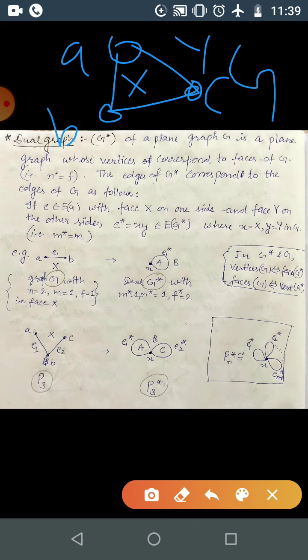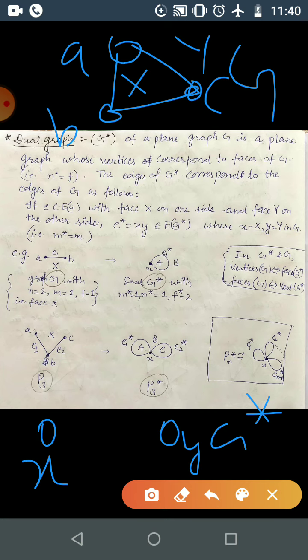So this was G. Now G star: the vertices of the dual will correspond to the faces of G. So here, small x is the vertex corresponding to face X, and small y is the vertex corresponding to face Y. The edges will correspond to the edges.